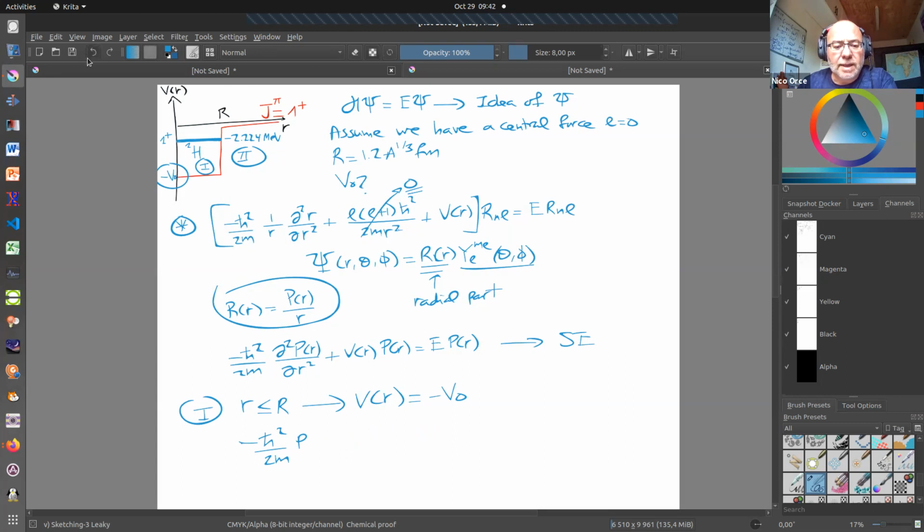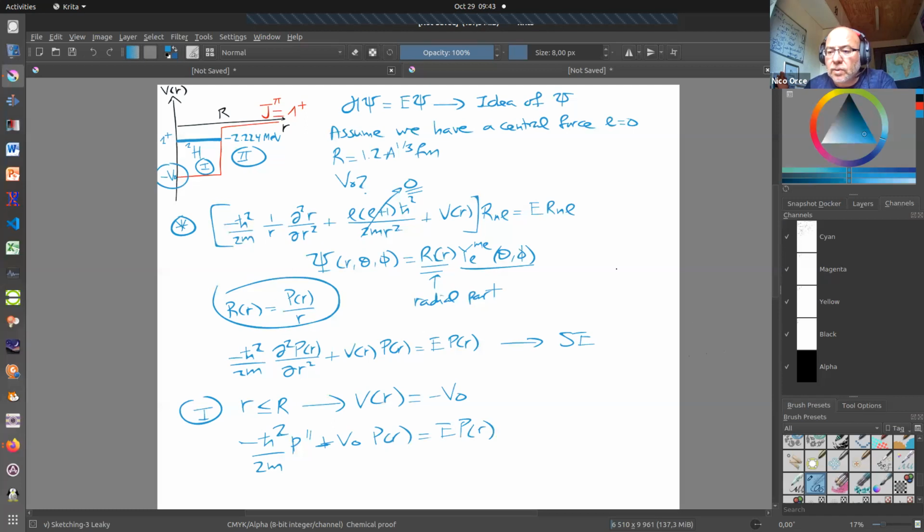So in this case, we have minus h bar squared over 2m P twice, because this is the second derivative with respect to R. Actually, let's multiply by 2m over h bar squared. Plus, let's do it minus here, V naught P(R), equal to E P(R), right?